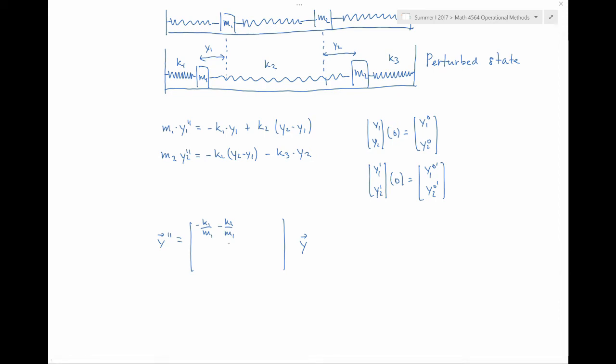And the second component is multiplied by k2 over m1. In the second equation, the first component is multiplied by positive k2 over m2. And the second component is multiplied by minus k3 over m2 minus k2 over m2. And we can see there is a certain symmetry to this equation.